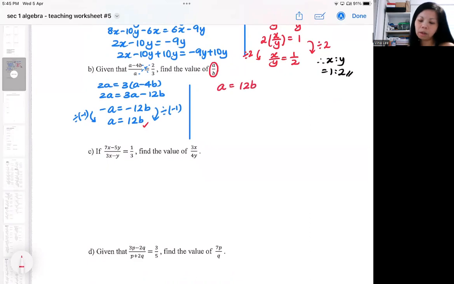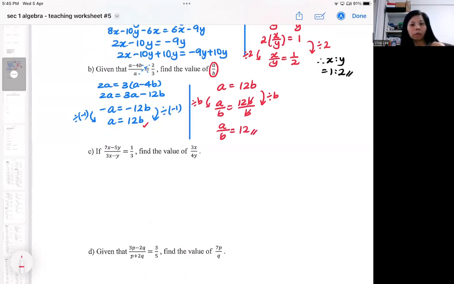If you want to get A over B, B is in the denominator, so I'm going to divide both sides by B. From here, you can cancel. So A over B is 12. Do you look at what the question wants?